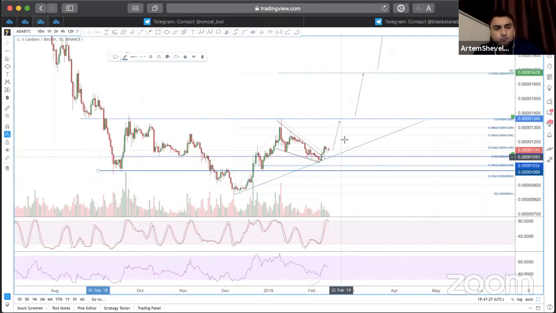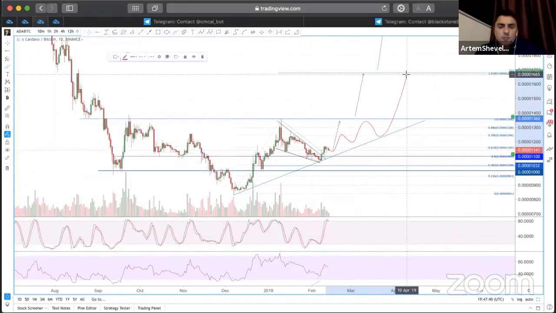It needs some time to develop the move, because market conditions are not so great, right? And after some sideways, it's probably going to make a rebound and break out from 1,300. And when the price breaks out from 1,300, I'm going to add more, because it's really, really bullish.